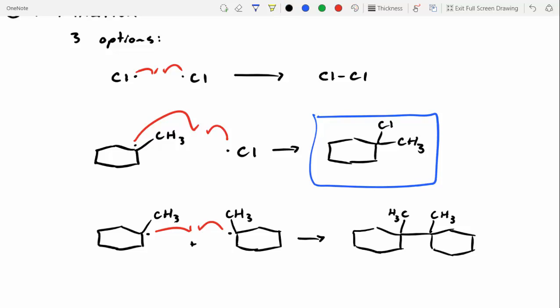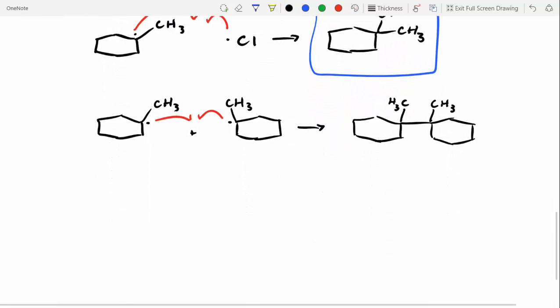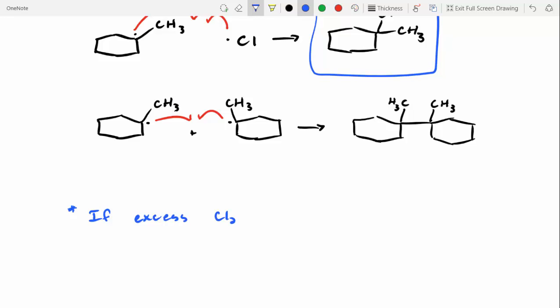Another important thing to remember too is that if excess Cl2 is around, it will keep on adding.